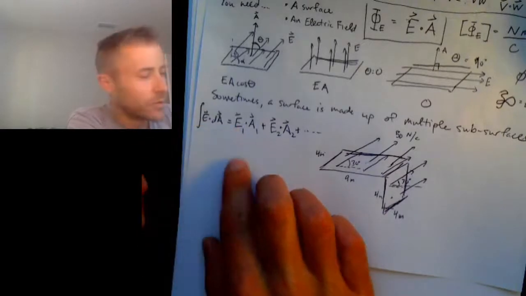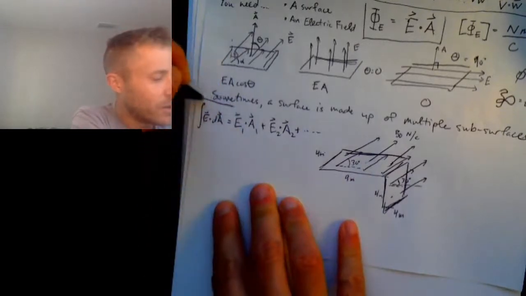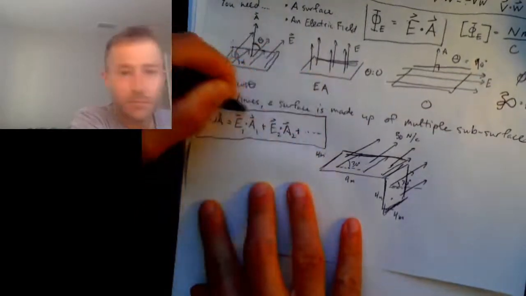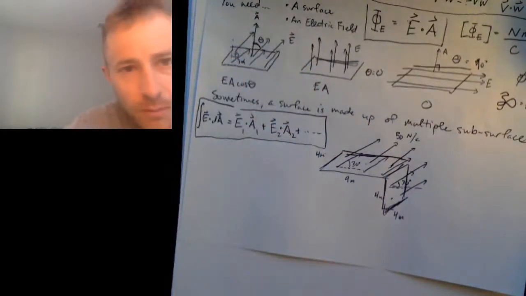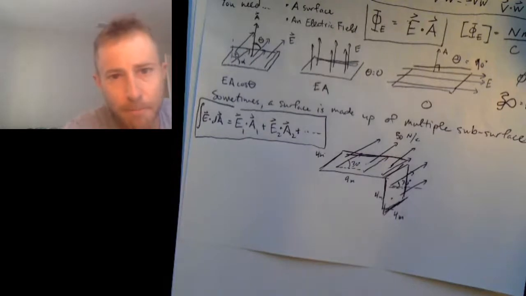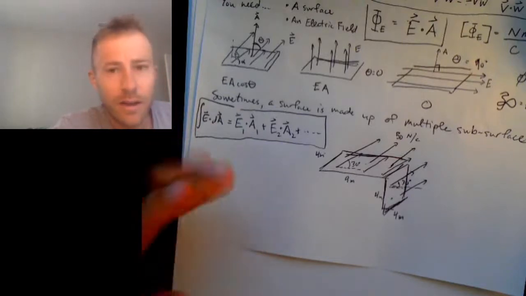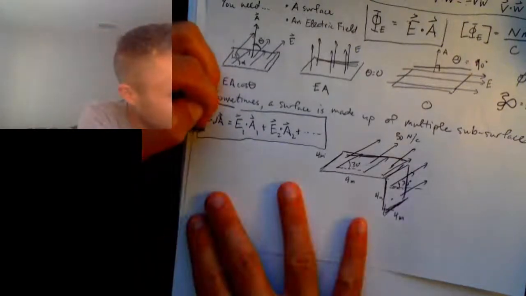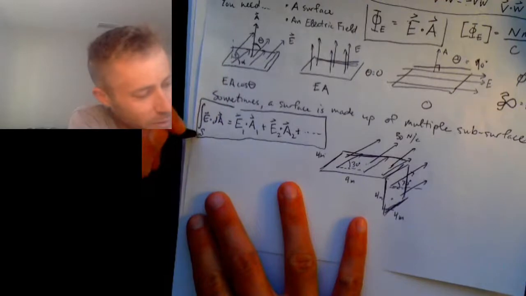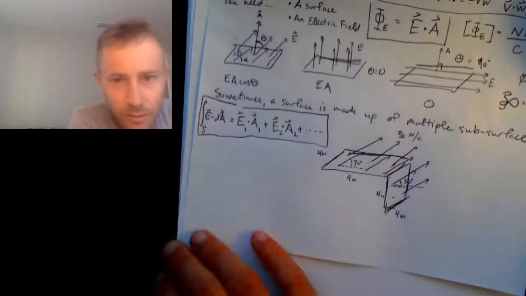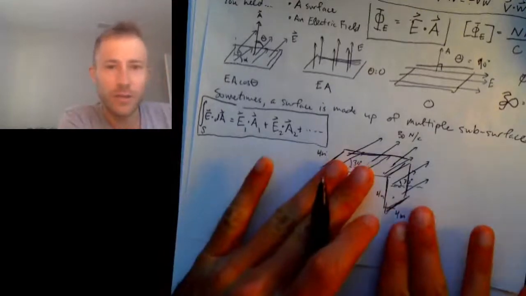Okay, so this is the more common way of writing electric flux. And you might put a little subscript S to indicate that it is a flux integral over a particular surface. So this would be the surface S.